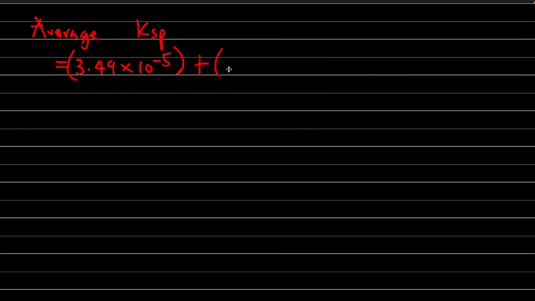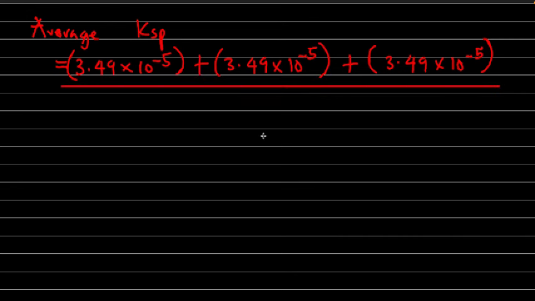Although it's not necessary, you can do it to make your work look neat and well coordinated. Now this is divided by 3. You're going to now have 3.49 times 10 to the power of minus 5. Still the same thing, all right?